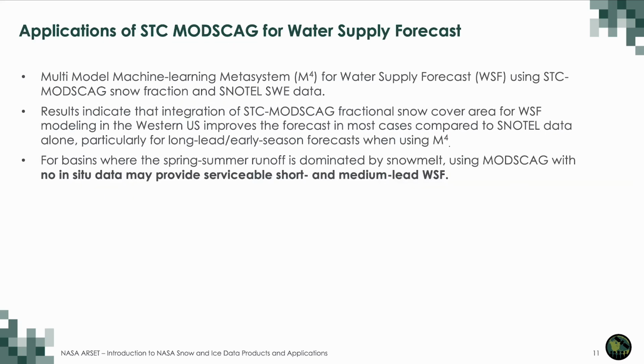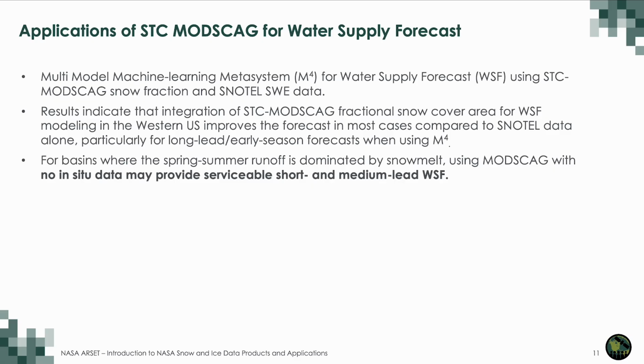Then we saw application of STC MODSCAG for water supply forecast, or WSF. We saw an overview of the multi-model machine learning metasystem, or M4 model, for water supply forecast using STC MODSCAG snow fraction and SNOTEL snow water equivalent data. Results indicate that integration of STC MODSCAG fractional snow cover area for WSF modeling in the Western US improves the forecast in most cases compared to SNOTEL data alone, particularly for long lead early season forecasts when M4 is used.